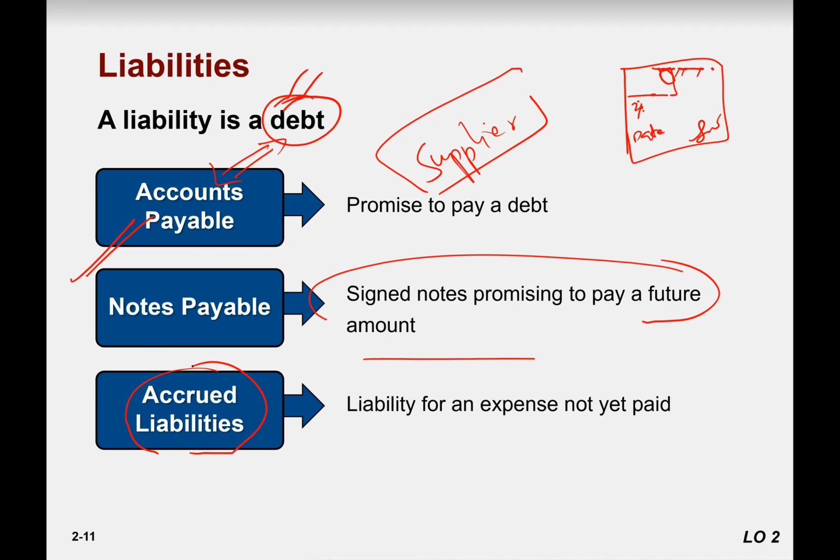Why? Because you have the option to pay them on the 15th day of the contract. So before that, it is payable. Salaries are payable, right? So accrued liabilities mean the expense occurred but not paid.